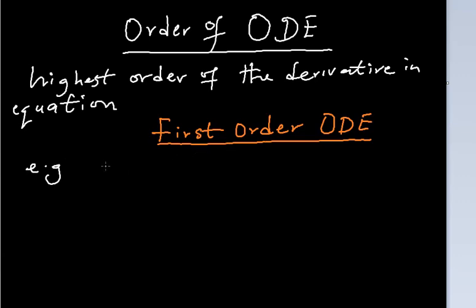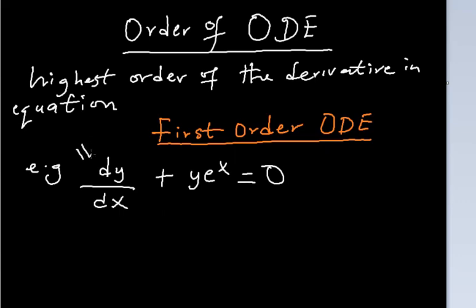For example, dy/dx plus y to the power x equals 0. This is a first order ODE, because the derivative is just a first order derivative.